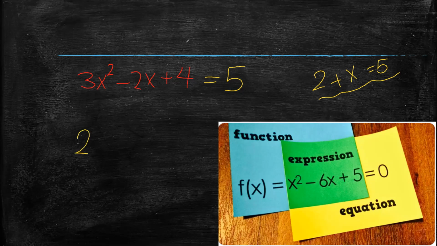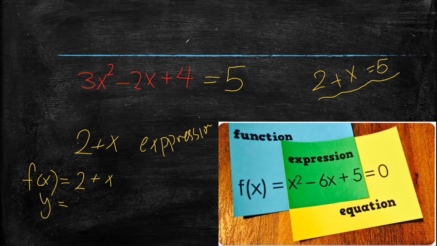So 2 plus 6 only is an expression. But f of x equals 2 plus x or y equals 2 plus x is a function. But 2 plus x equals 5 is an equation.